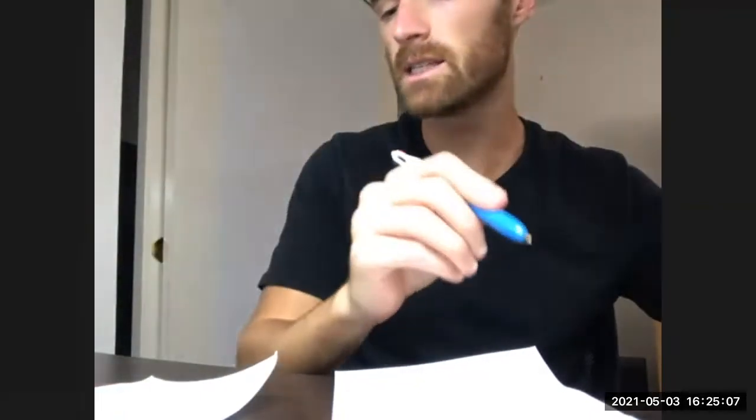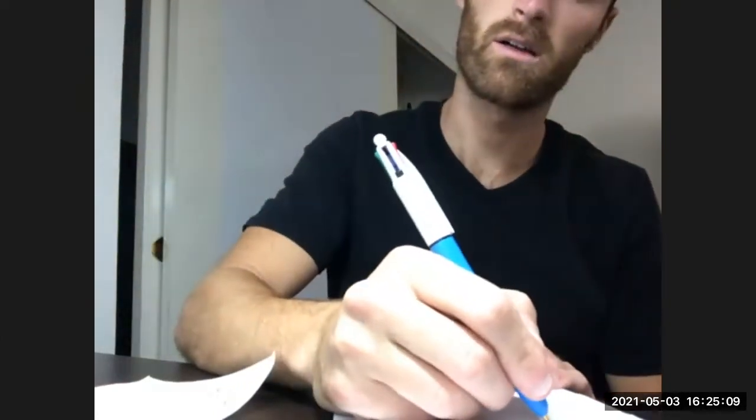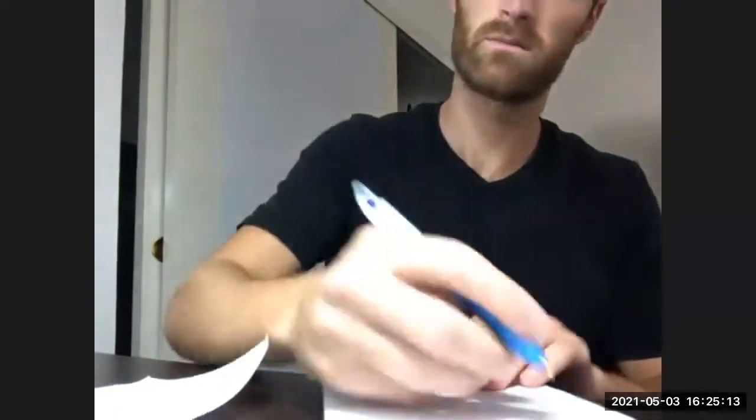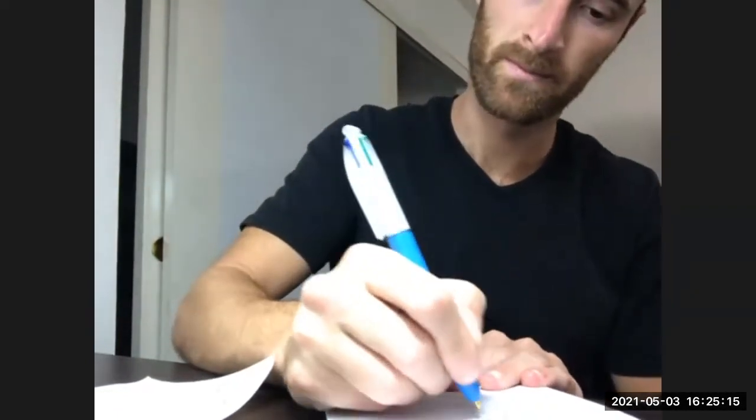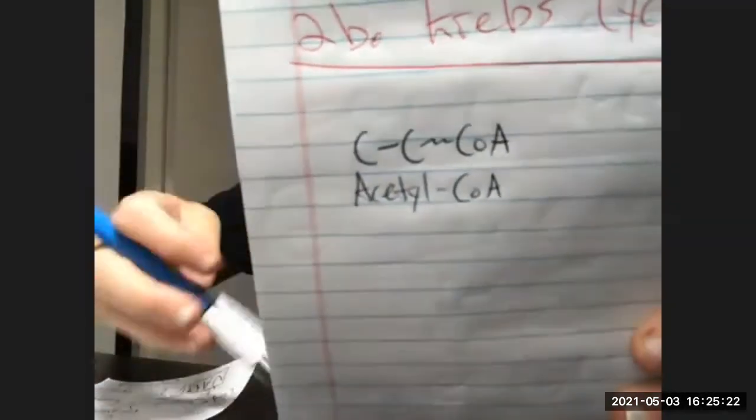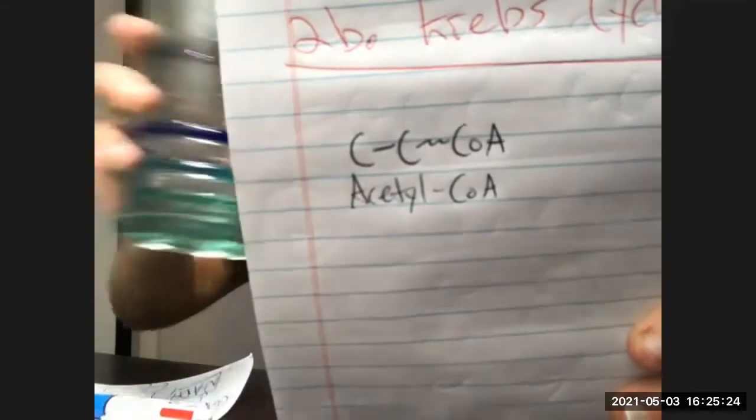Okay, so we left off with acetyl-CoA, right? And so from pyruvate oxidation, the acetyl-CoA comes over. So I'll draw that first. And it's going to enter this cycle. So here it is. It will enter the cycle.